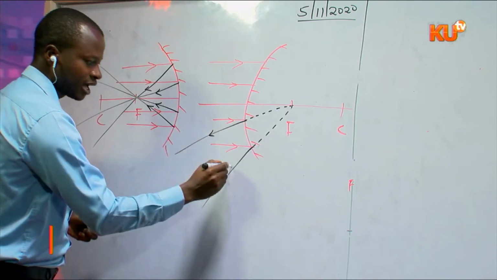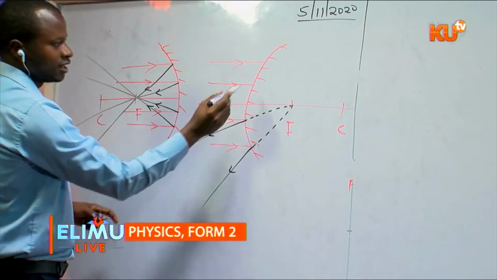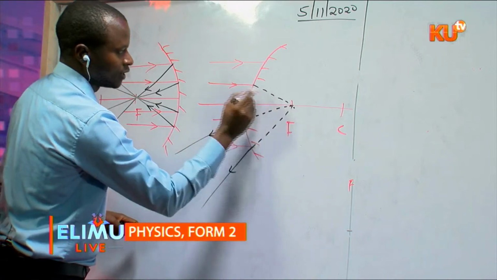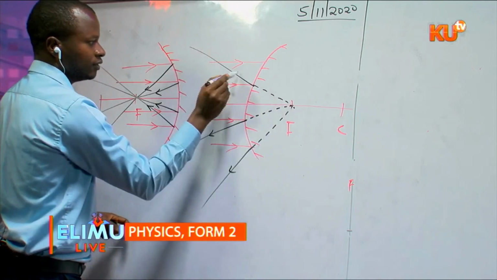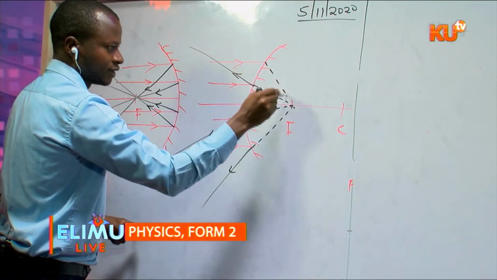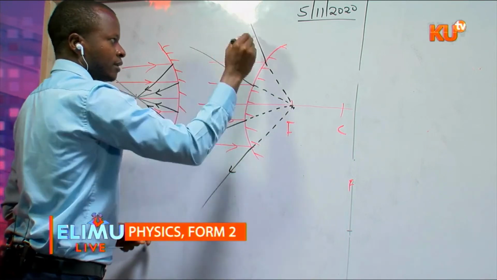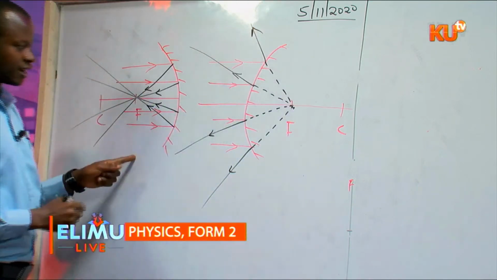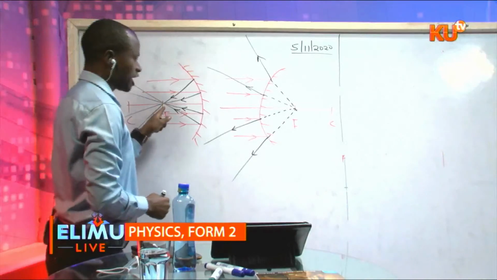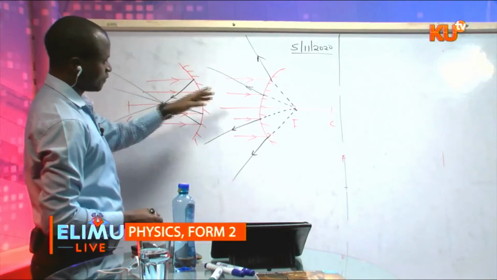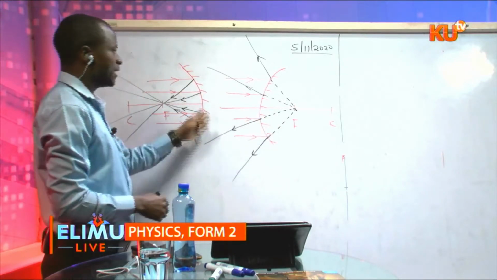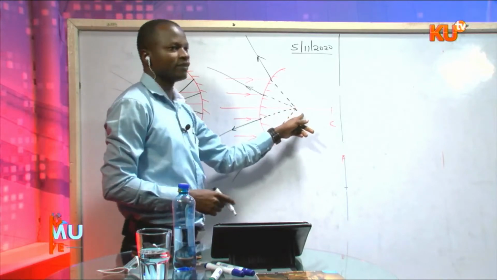They are just reflected, so they appear as if they are coming from there. This one, the same thing. This one, the same thing. So for a concave mirror, the rays converge at F after reflection. Then for a convex mirror, the rays appear to diverge from F after reflection.